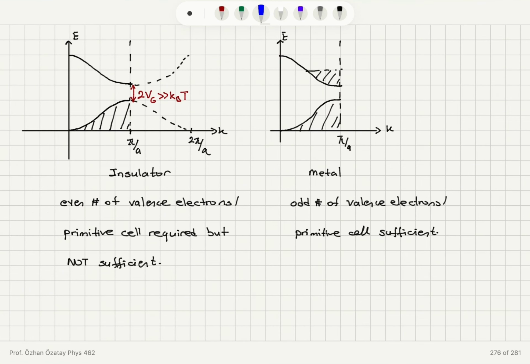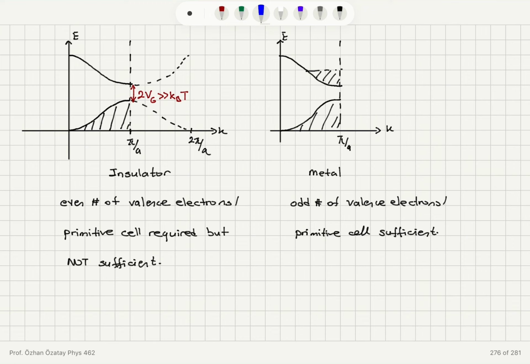So these behaviors can be understood really well by looking at these energy band diagrams in k space. Instead of looking at a one-dimensional crystal, if you look at, for example, a three-dimensional solid in a certain direction, you would also see these bands.